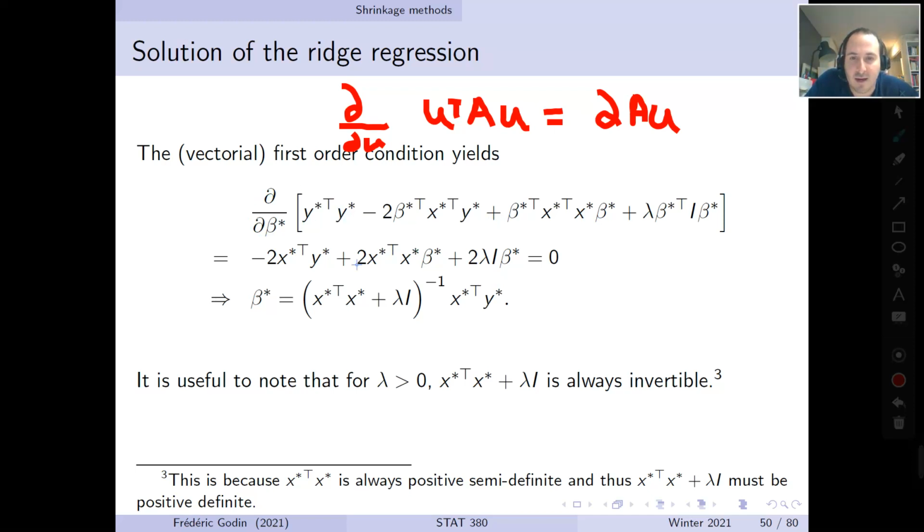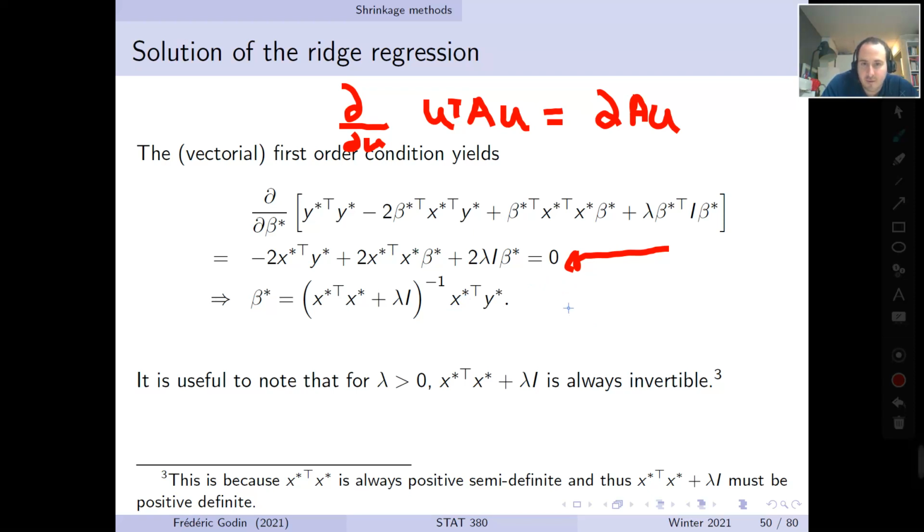Differentiating this and equating it to 0 leads to the following equation here. What we're trying to find is beta, so we can simply isolate beta. Let's write it.